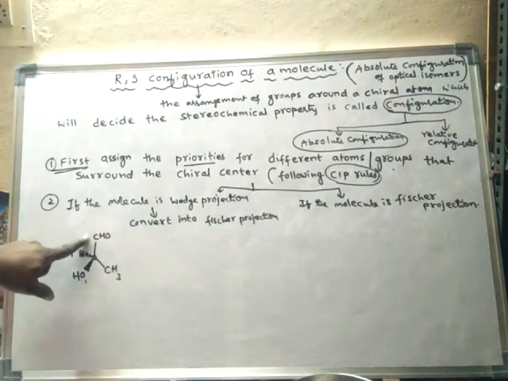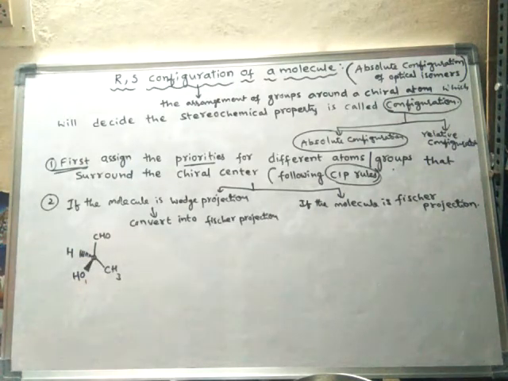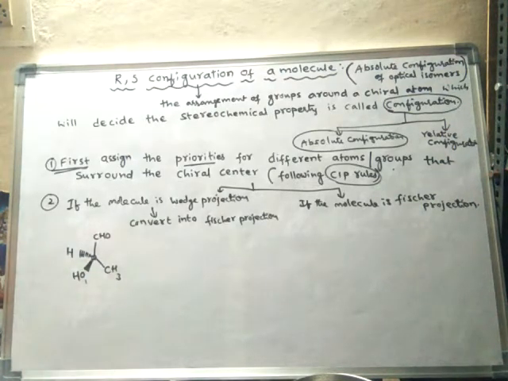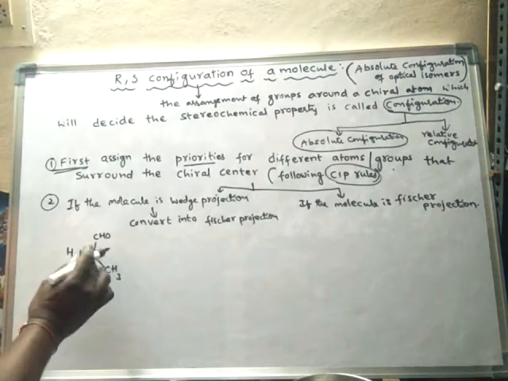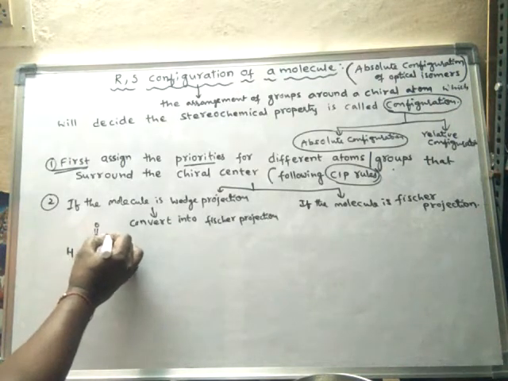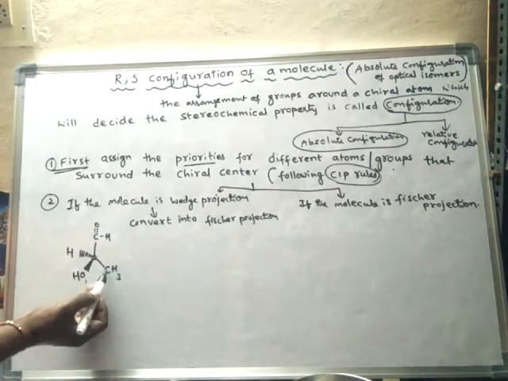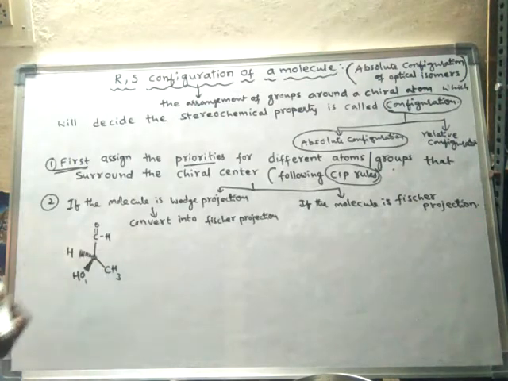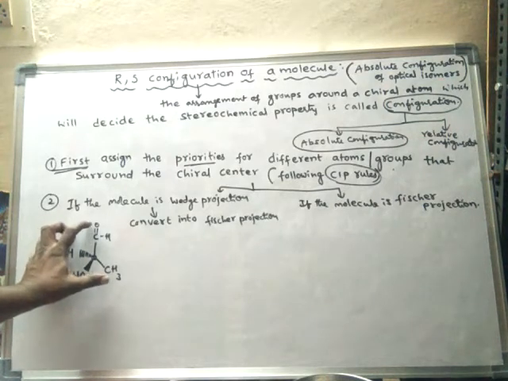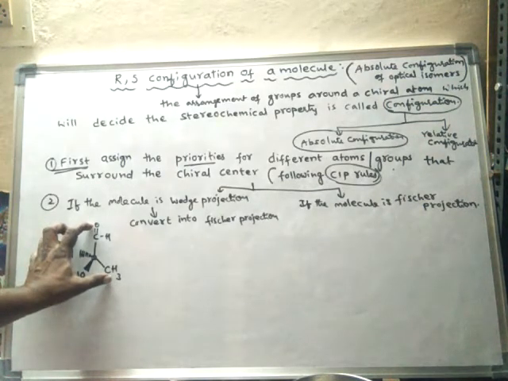When two similar atoms are attached directly to the chiral center, we have to go to the next atoms attached to them. Here this carbon is attached to three hydrogen atoms, whereas this carbon is attached to an oxygen atom and hydrogens. When the first atoms are similar, we go to the next place where we find the first point of difference.